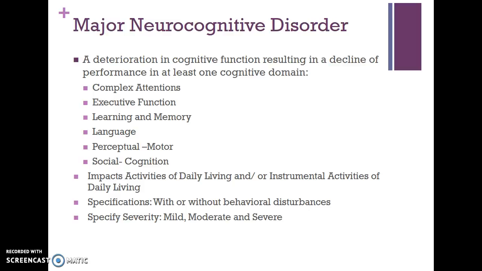The other specific thing in terms of assessing for major neurocognitive disorder is that there comes a specification of with or without behavioral disturbances. So with this diagnosis, you may see no behavioral disturbances, or something such as agitation, hallucinations, aggressive behaviors.